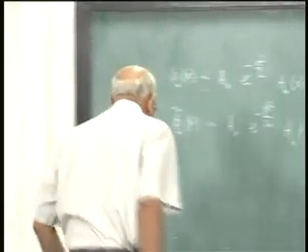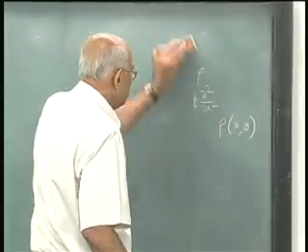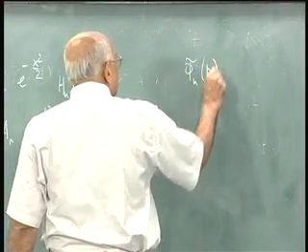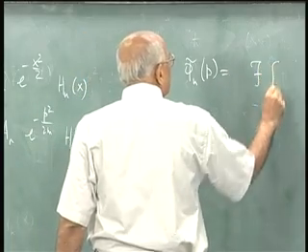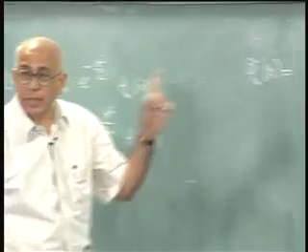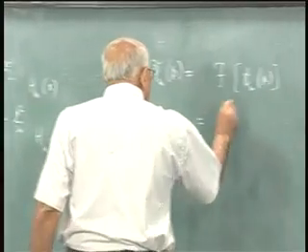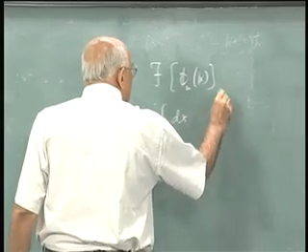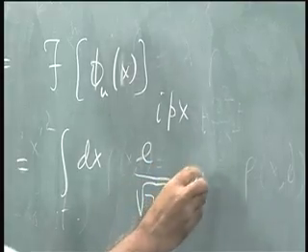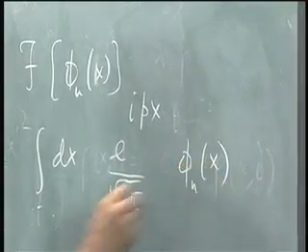On the other hand, I know that the momentum space wave function is the Fourier transform of the position space wave function. So I know also that phi n tilde of p is the Fourier transform of phi n of x, equal to the integral dx e to the i px over root 2 pi, setting h cross equal to 1, times phi n of x.